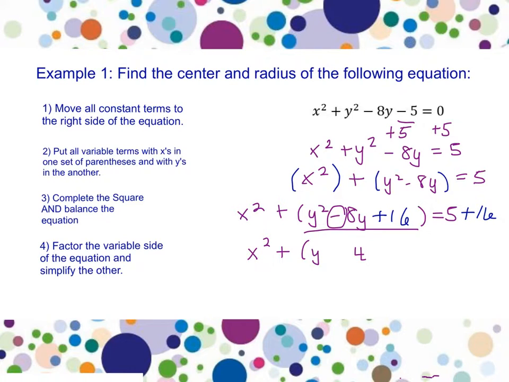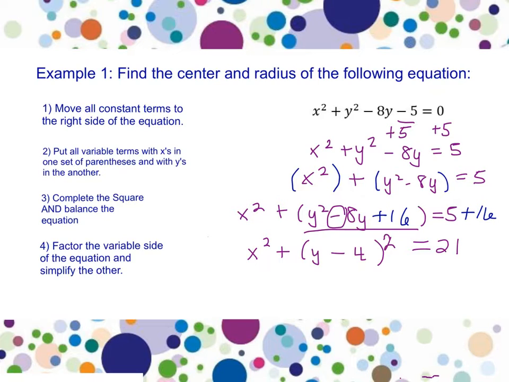Since it was minus 8y, I'm going to write minus here. Close parentheses, squared. So we end up with x squared plus (y minus 4) squared, and that equals 16 plus 5, and 16 plus 5 is 21.